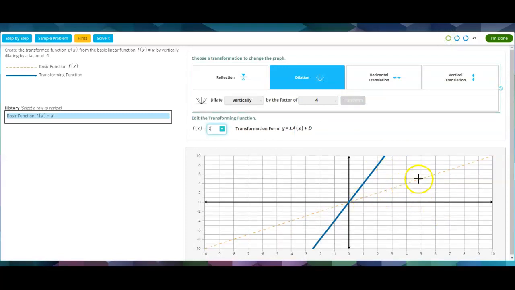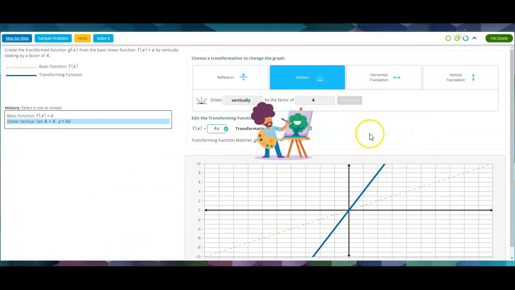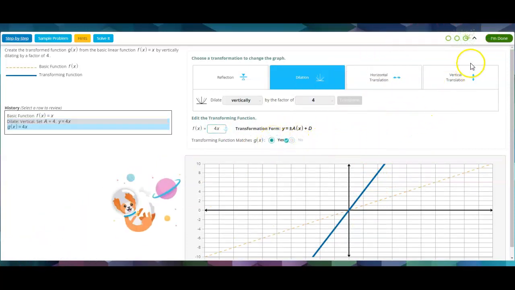It went from a factor of 1 all the way up to a factor of 4. Now again, this is slope, isn't it? Dilations are slopes, so if the slope changed from 1 to 4, it would get very steep. And yes, we've done the matching, okay?